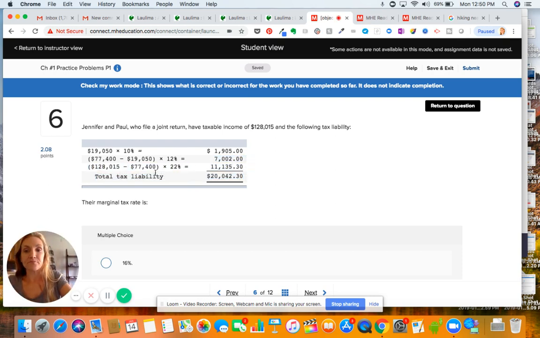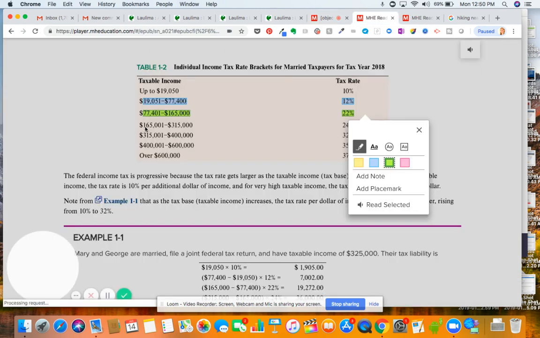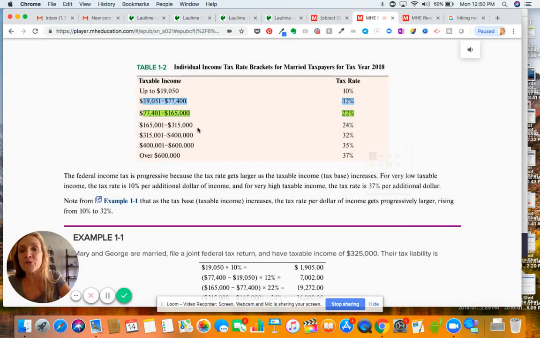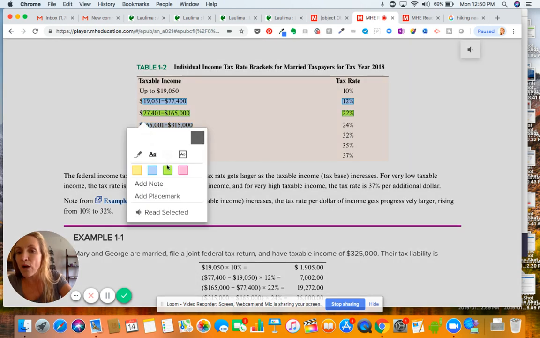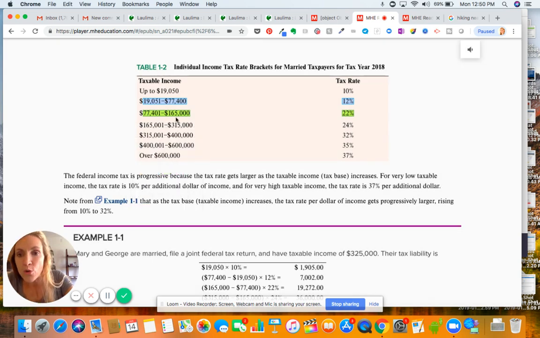Then our last bracket, we're not above 315,000, right? And we're not below 100 and, oh wait, I'm sorry, I'm on the wrong one. We're not above 165,000. We're not below 77.